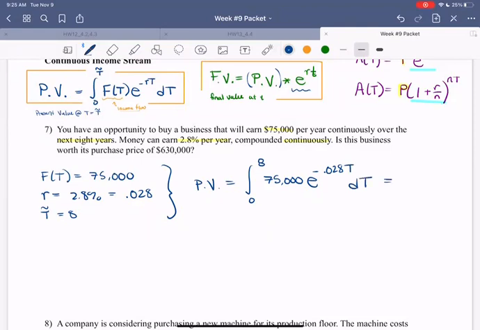Take a moment, pause the video, and make sure you're caught up here. While you're doing that, also take a look at computing this integral in your calculator. When you're ready, let's look at it together.